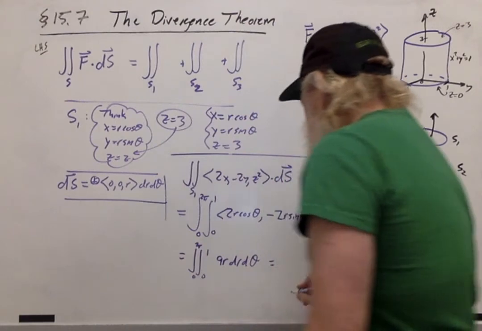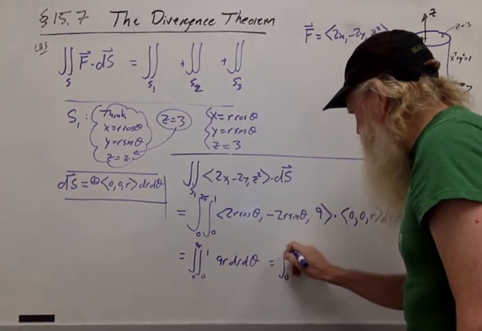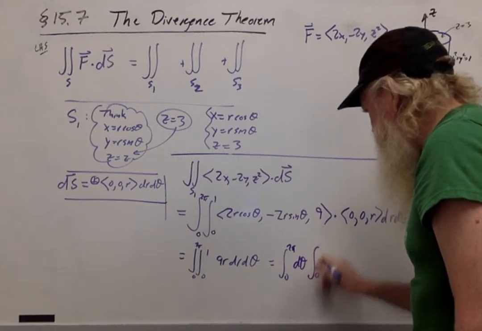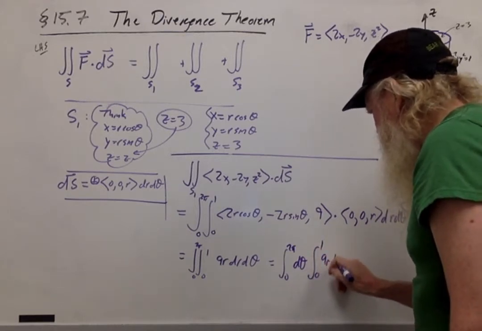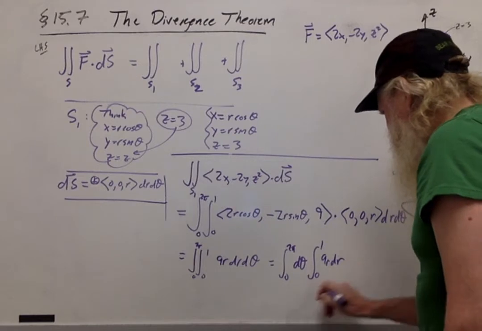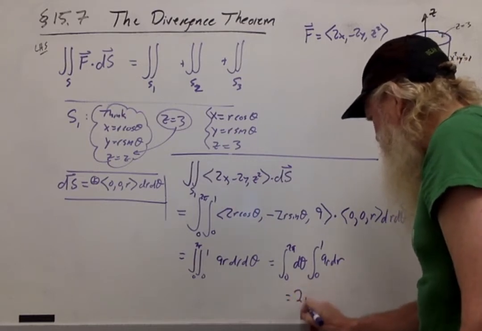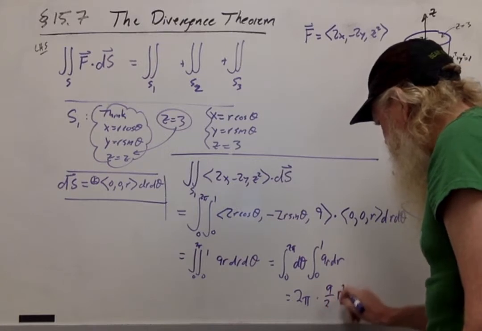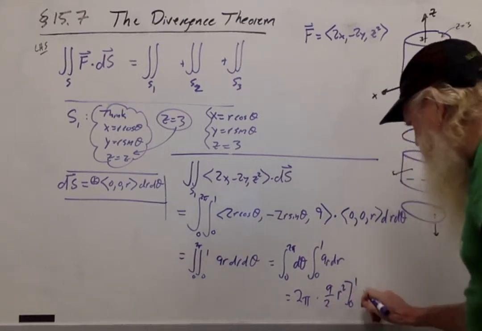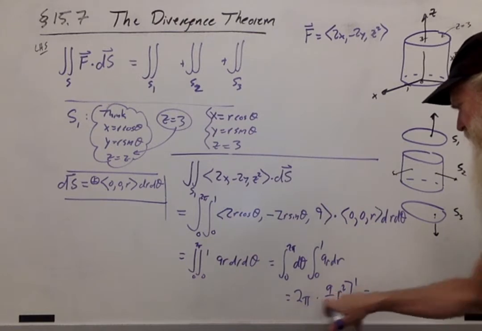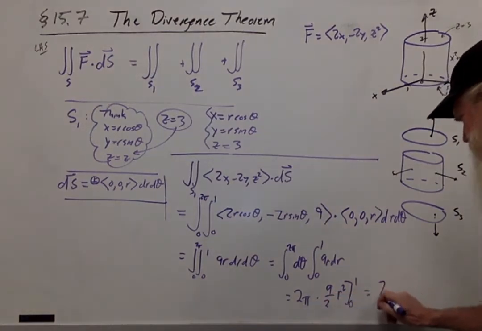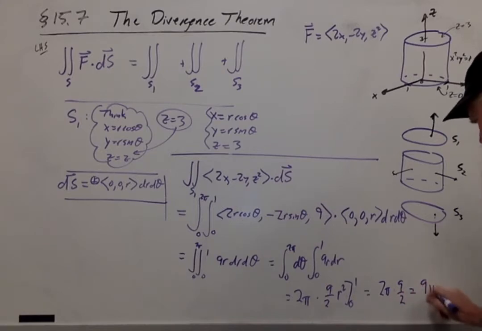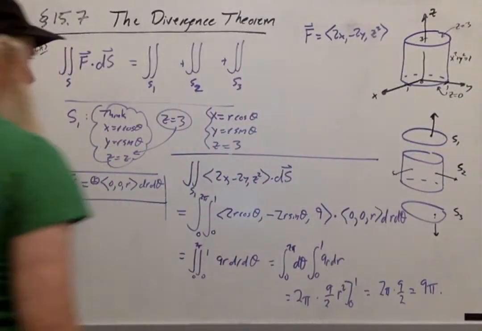Now if I want to, I can factor this as the integral from 0 to 2 pi d theta times the integral 0 to 1 of 9r dr, which is 2 pi times 9 halves r squared, taken from 0 to 1, which is 2 pi times 9 halves, or 9 pi.